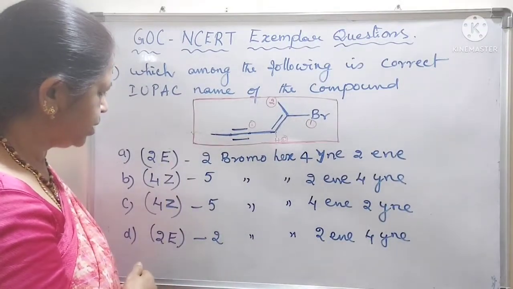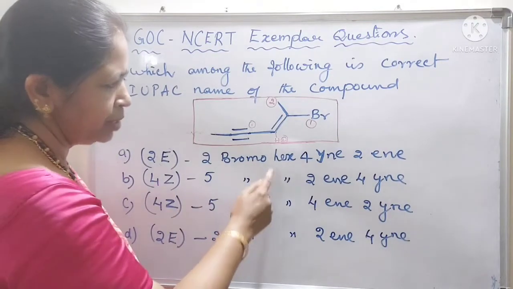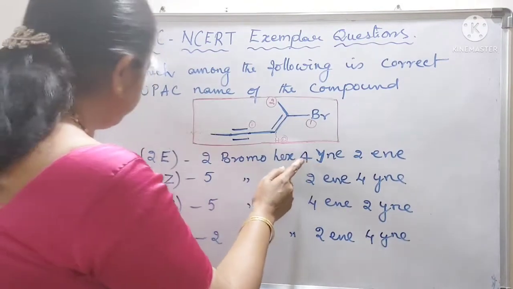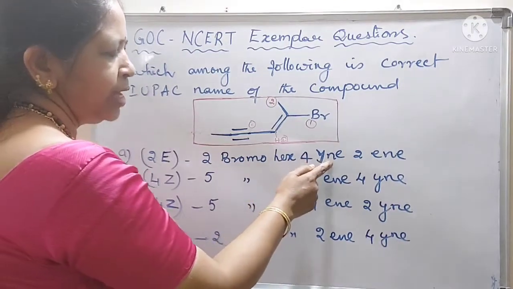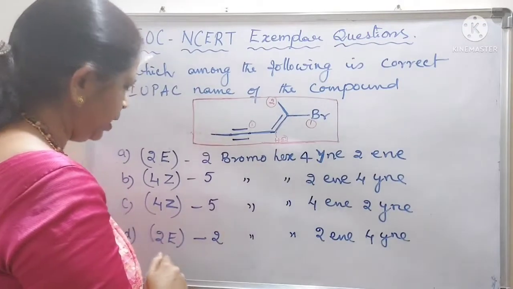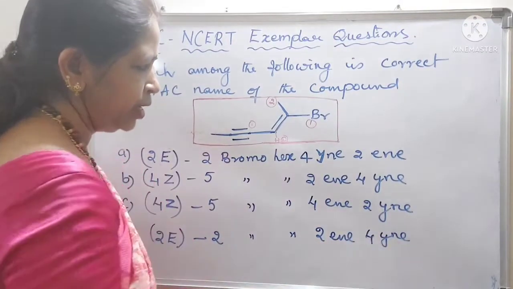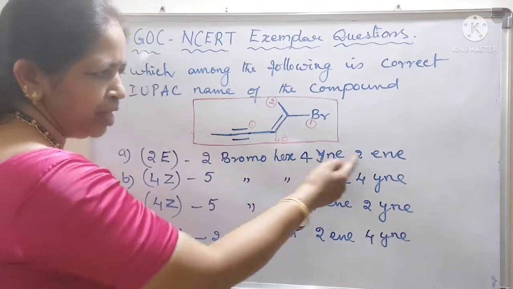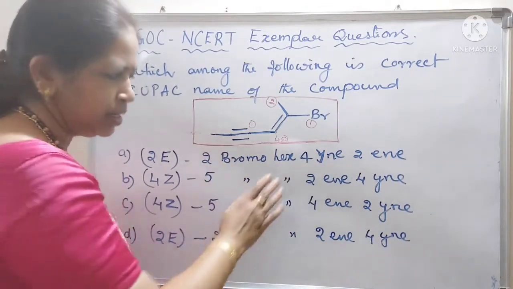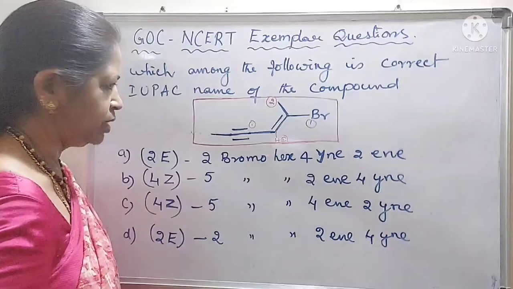In both the cases it is given as 2E only, and 2-bromo hex. In the first one it is 4-yne and 2-ene, and in the last option 2-ene and 4-yne. Now here the numbering is correct in both the cases, but what is the correct answer?